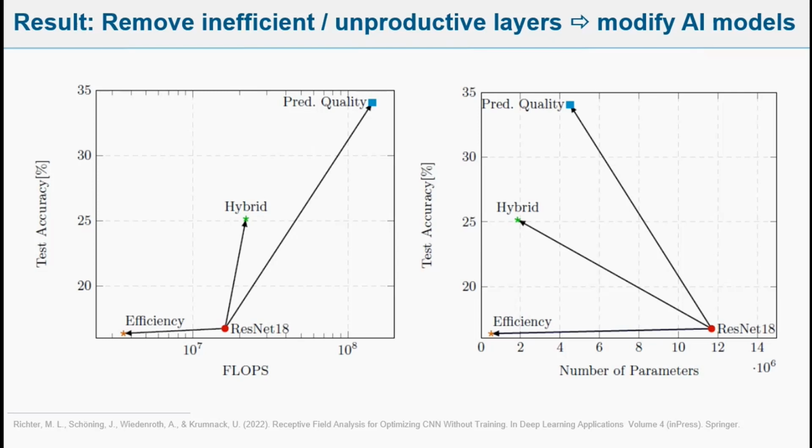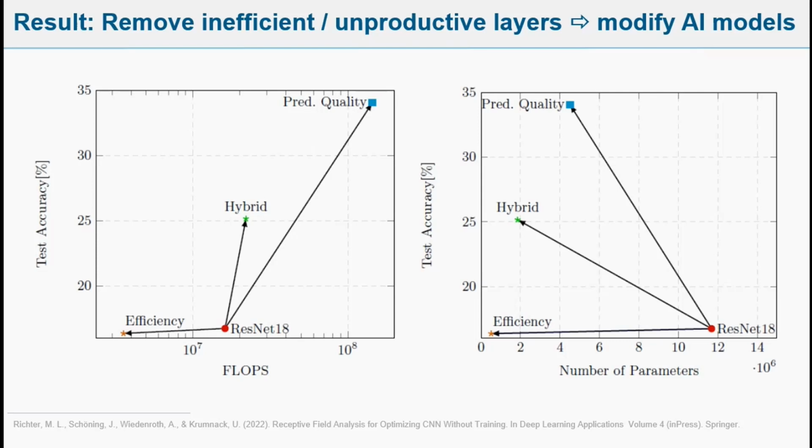We can also optimize this network to the hybrid version where the amount of flops during training is a little bit higher. However, the accuracy is better than the original ResNet, as well as here the best quality, the calculation in flops is higher and the accuracy is higher as well.